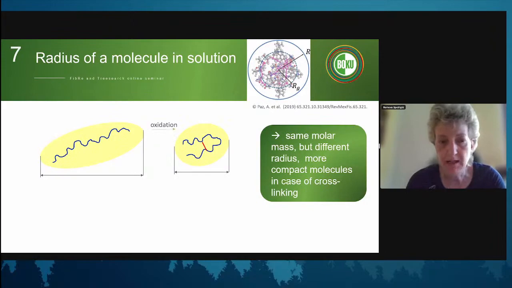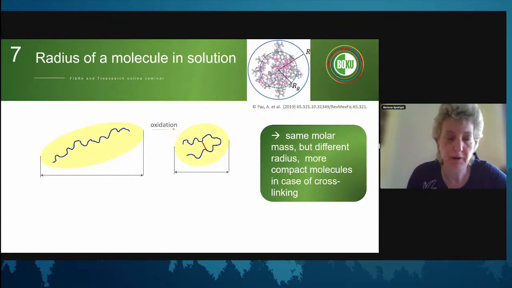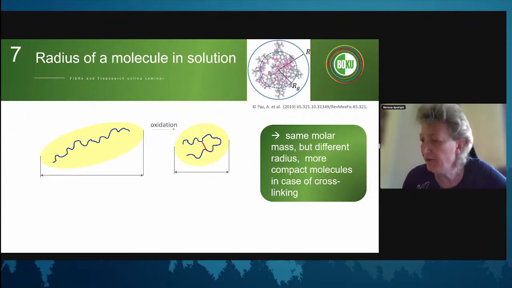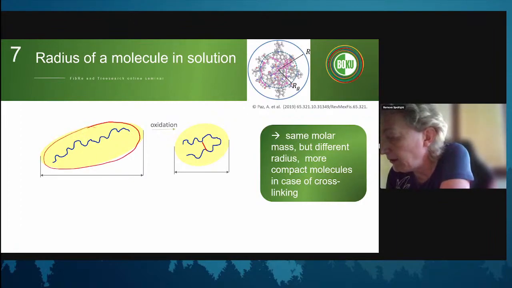As I said, the SEC works according to the hydrodynamic volume of the molecule in solution, and usually cellulose has a rather large hydrodynamic volume in dimethylacetamide/lithium chloride. This is our solvent of choice. So we have a certain radius. Let's see if you can see it here, my pen. So that would be our non-oxidized cellulose. Now we oxidize the cellulose in a periodate mechanism, and then that cellulose starts to cross-link.